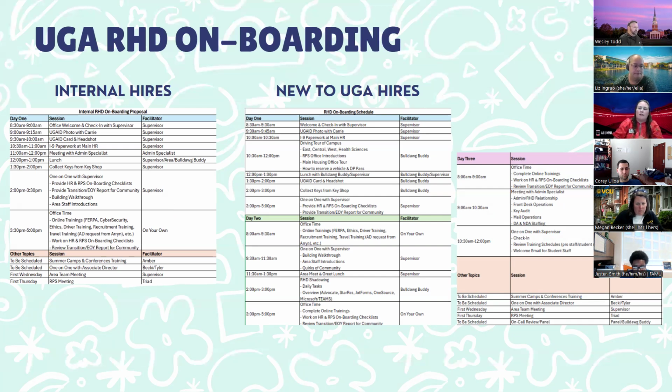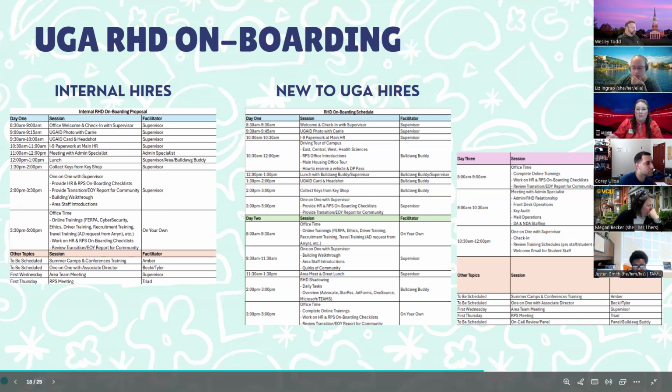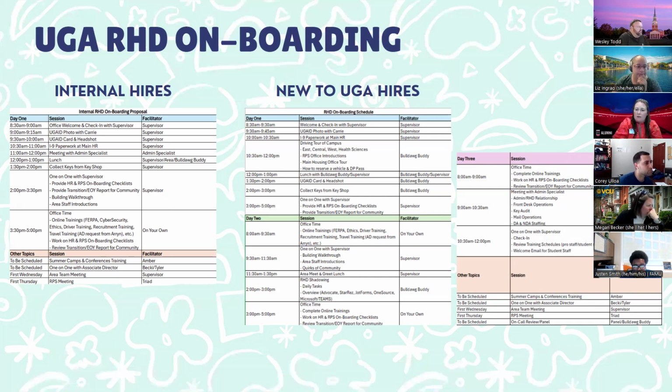What you will see is that anything that's on the internal hires list is something that everyone has to do. Those are across the board going to happen, anything on that first day. But we don't have a set schedule for everyone across the board because it is so individualized for some of our positions. But what you'll see here is that the supervisor is super involved in this process.